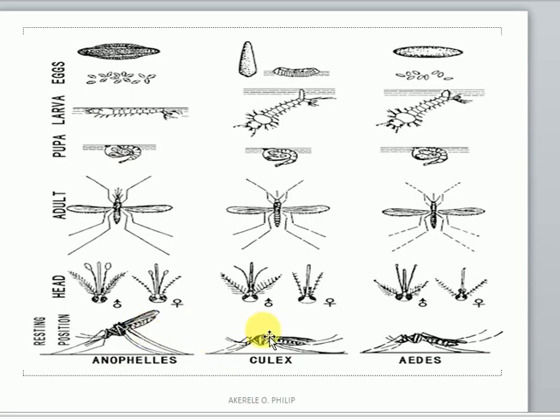Their eggs here are laid singly, while the eggs here are laid in a mass. You can see that the larva here is lying parallel, this one is lying at an angle. And the larval form of mosquitoes generally is called a wriggler.